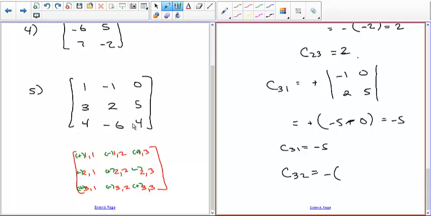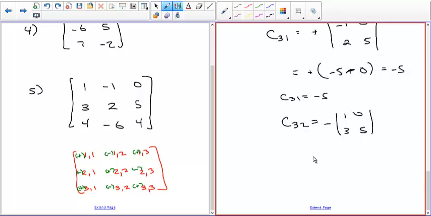Cross out this third row, second column, you got these 4 left. So that's third row, second column, 1, 0, 3, 5. So that's 5 times 1, which is 5, minus 3 times 0. So that's -5.